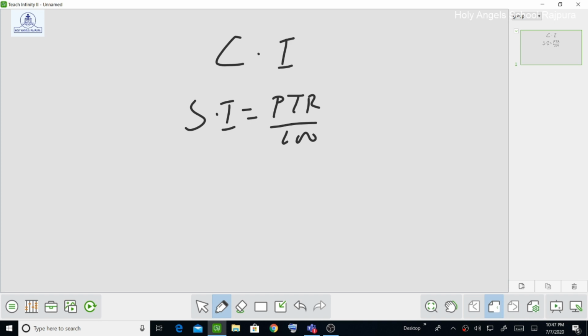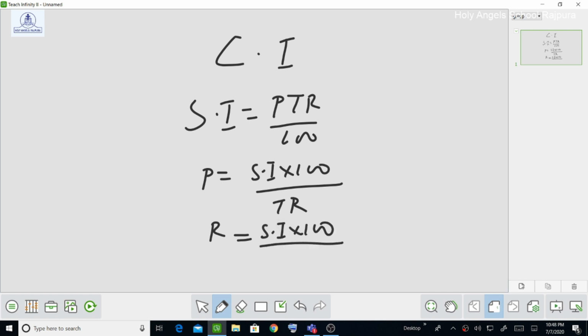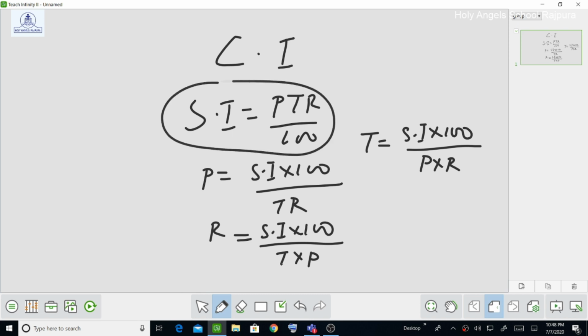The other formulas derived from this one are P is equal to SI into 100 divided by T into R, or R is equal to SI into 100 divided by T into P, or T is equal to SI into 100 divided by P into R. So these are the formulas we apply in simple interest.